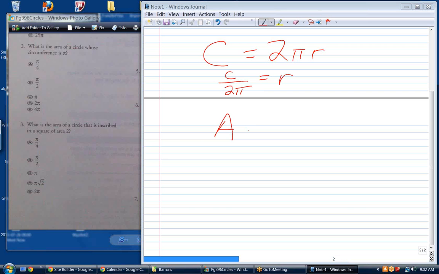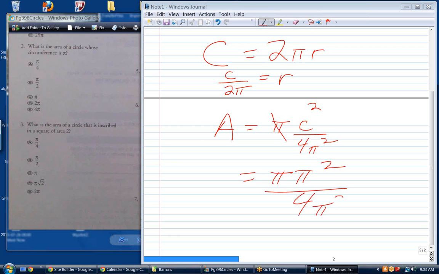The area is equal to pi R squared. This pi cancels with this. Well, let's see. This should be pi over 4. Oh, that was way off.